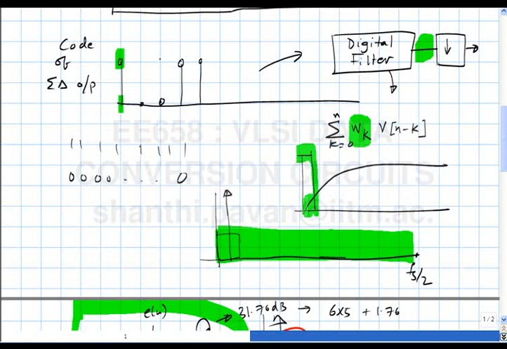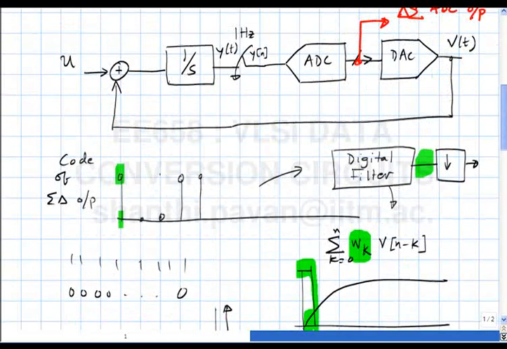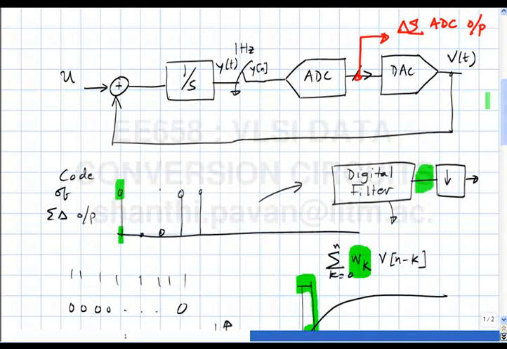Is that clear? Alright. So, an oversampling converter is basically, not only is it oversampling, it's also shaping noise outside the signal band, so that the in-band signal to quantization noise ratio is now greatly increased. Alright.